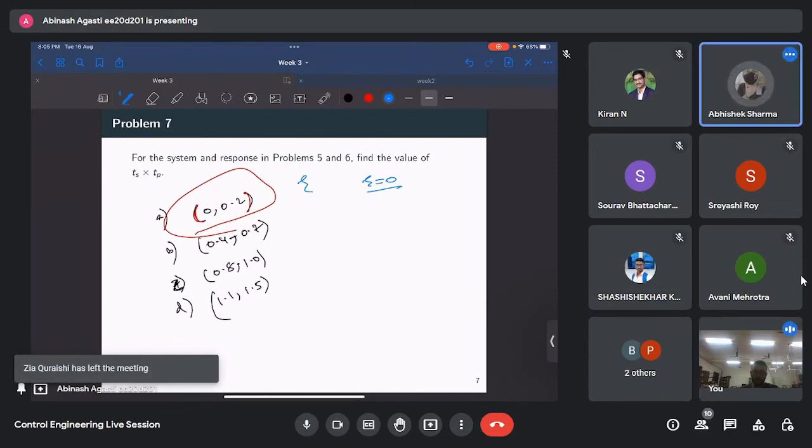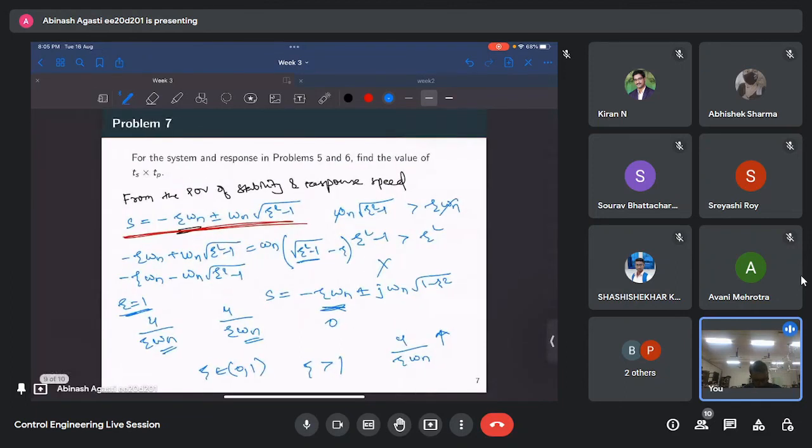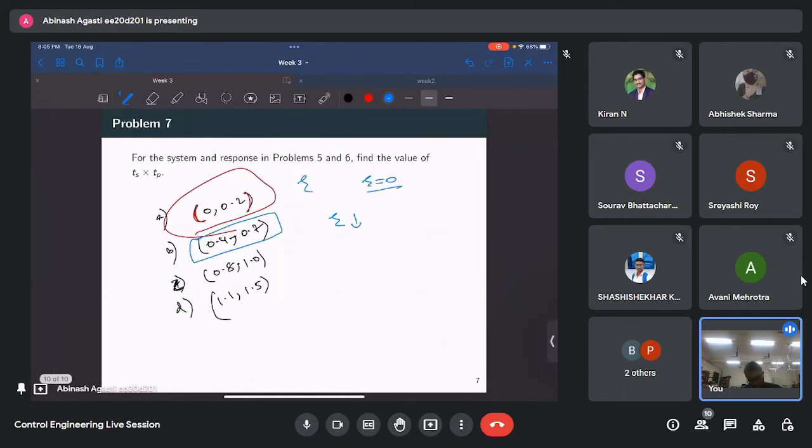Yes, sir. So if I have a marginally stable system, I usually do not want to have it near there. So maybe I can go with this option, so that I have a range. Because we saw, if zeta is lower, then settling time is higher.